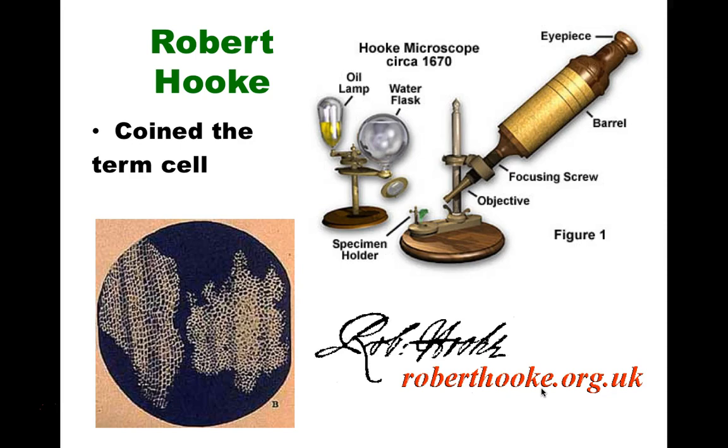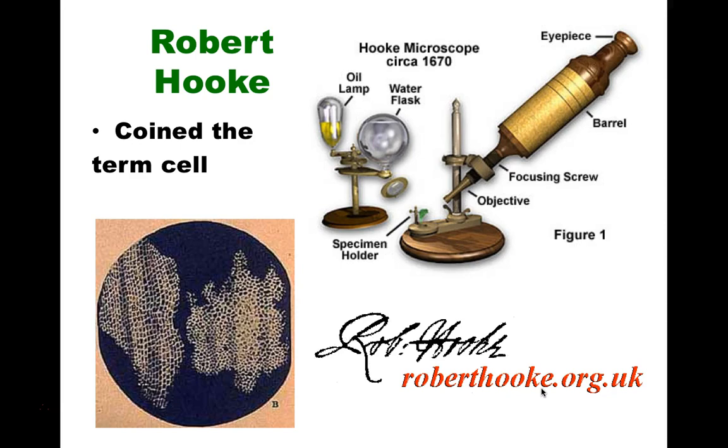When Hooke saw these little empty spaces through his microscope, he said they looked like honeycombs or bubbles, or one of the other descriptions that he used to describe what he saw when he looked at this thin piece of cork was cells, meaning small little rooms like a monk's cell, or nowadays we would think of it as a prison cell.